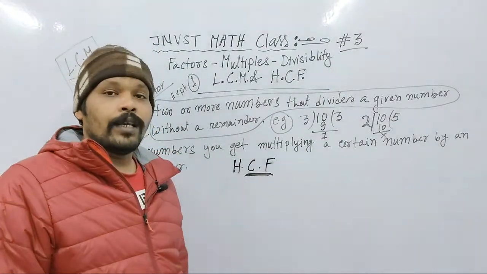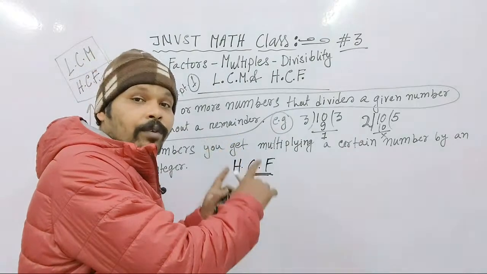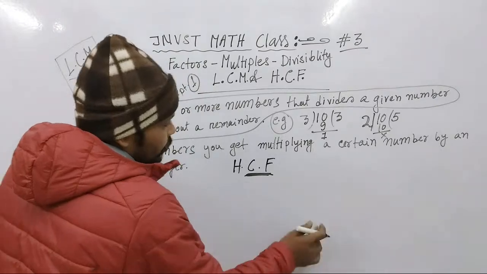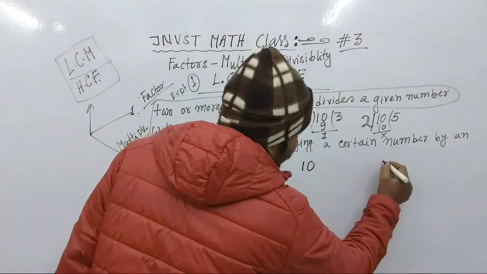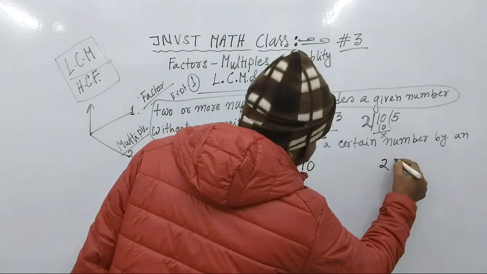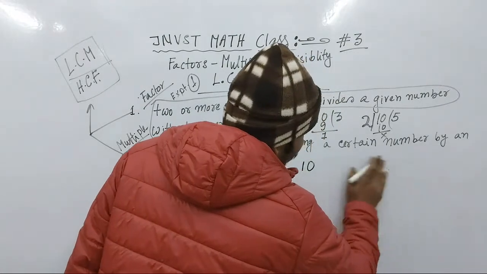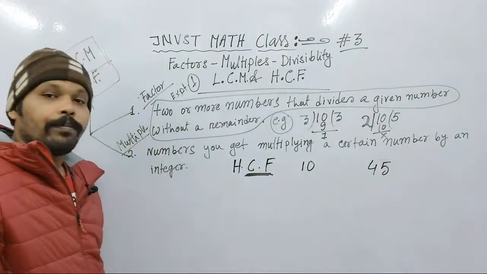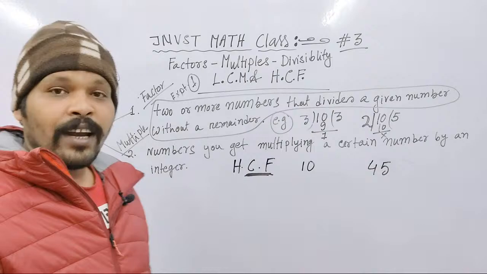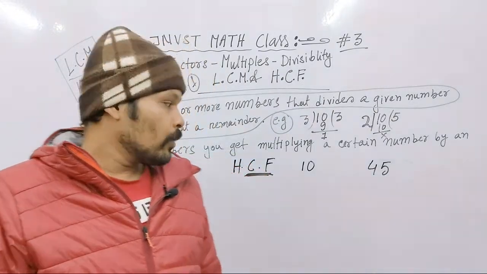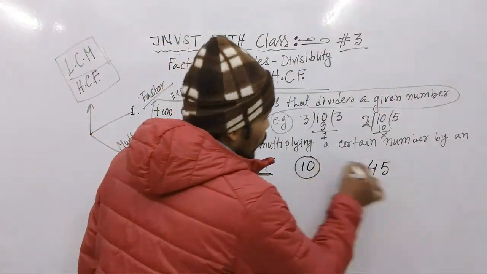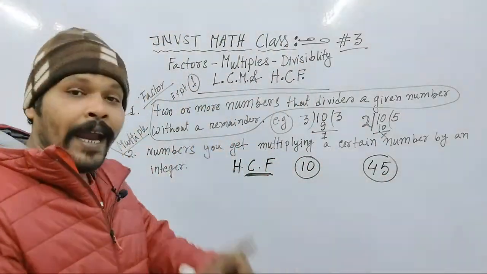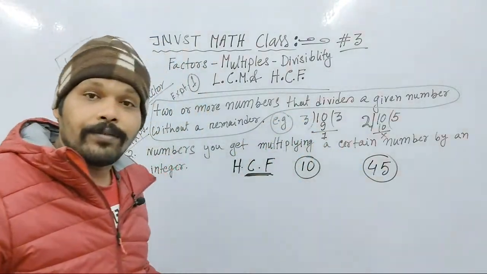To understand this term common factor, we have to see an example. 10 and 45, two numbers are there. We can bring out the factors of 10 and also 45.